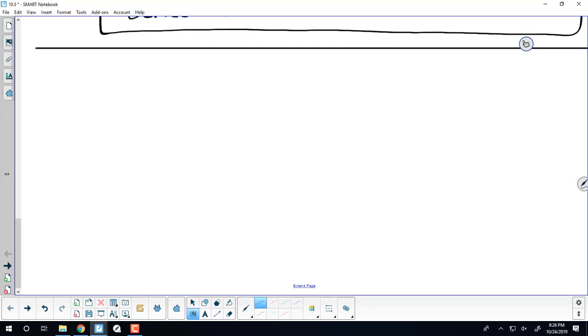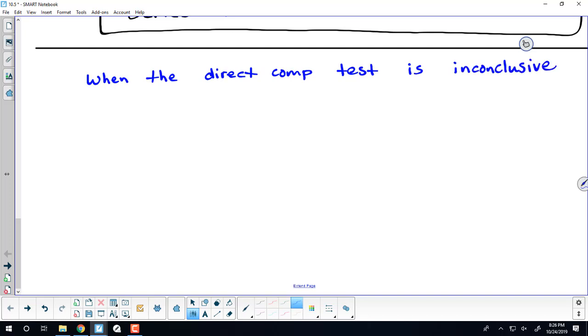So let's look at when the direct comparison test is inconclusive. It's not that the other test we look at never comes out inconclusive, but it has a little bit more freedom to it, and we don't have to establish an inequality.